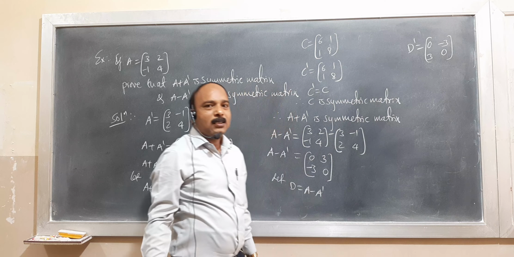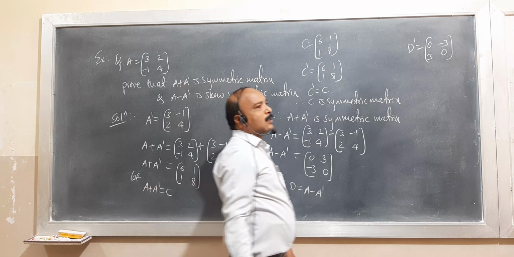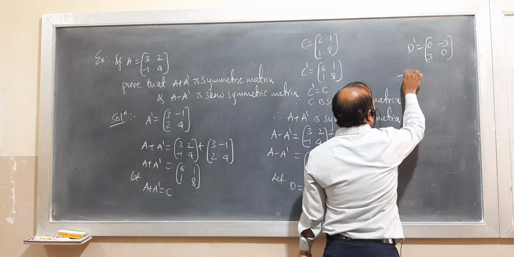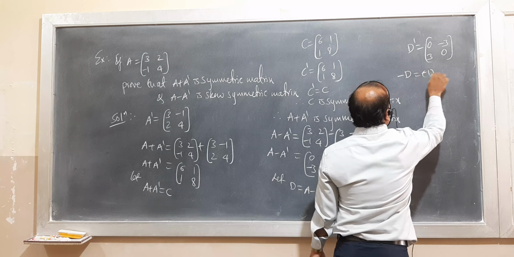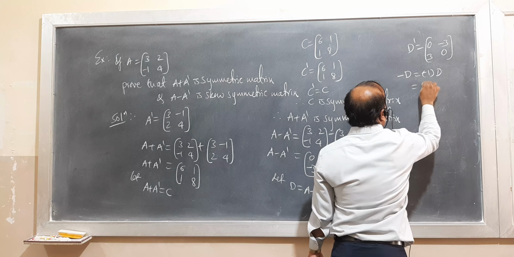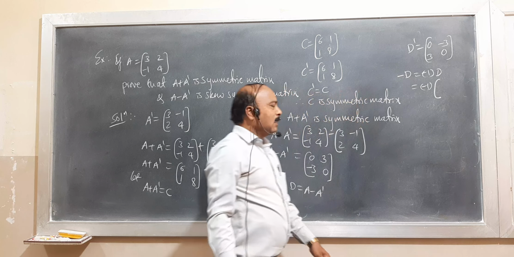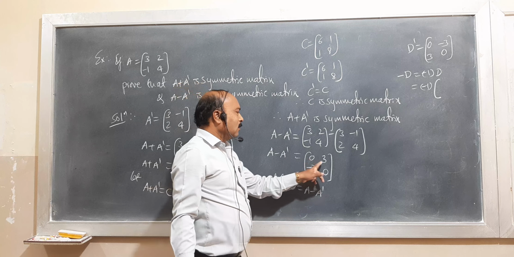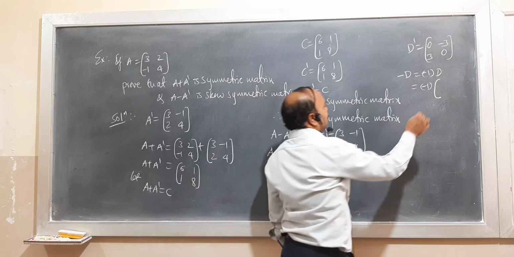It is the matrix D dash. Next we consider the matrix minus D. Minus D written as minus 1 into D. It is minus 1 into D you taken as 0, 3, minus 3, 0.